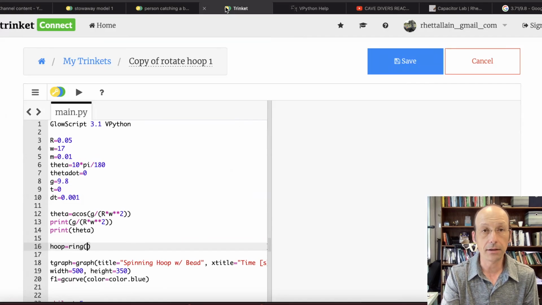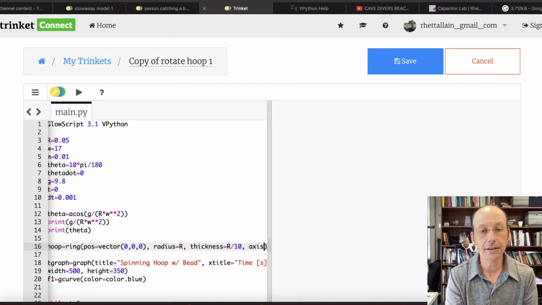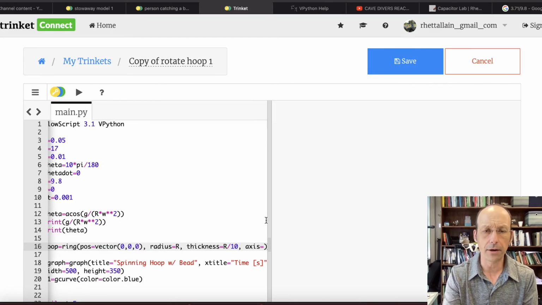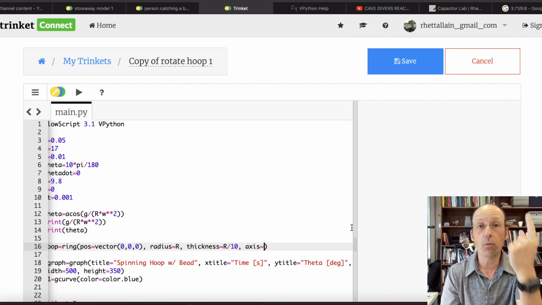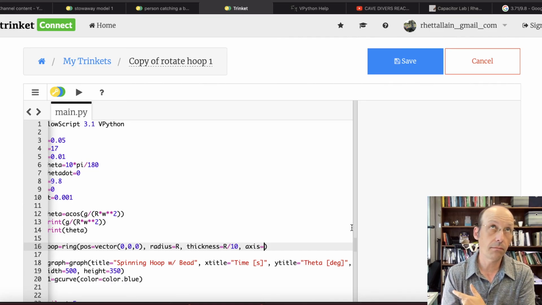Okay, so let's see if we can make this. Ring, position equals vector 0, 0, 0. Radius equals r. Thickness equals, let's say, r divided by 10. And then axis equals, you can put this in any order, it doesn't really matter. Axis, I want to point it in the z direction, right? So in Python, up is y, to the right is x.